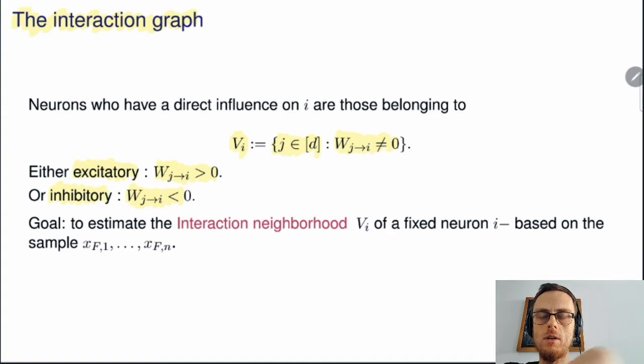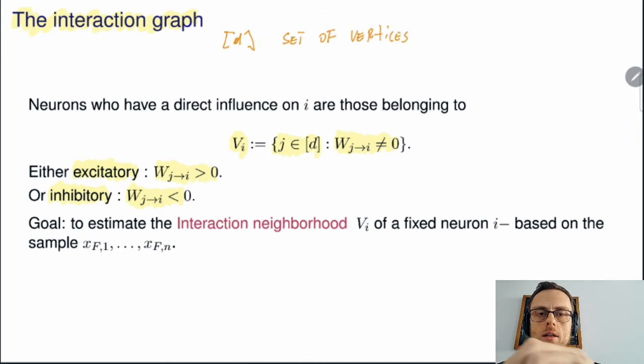And what is the interaction graph? The interaction graph is a graph in which the set of vertices is the set 1..D. So this is the set of vertices. And the set of edges are of the following form: all the edges of the form (j, i), with j belonging to the interaction neighborhood V_i.